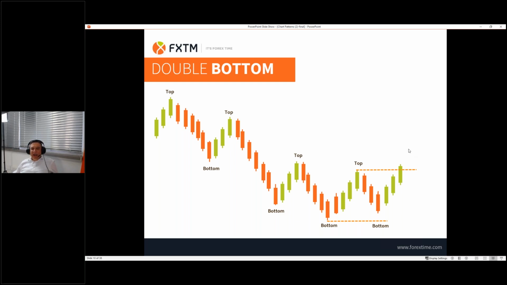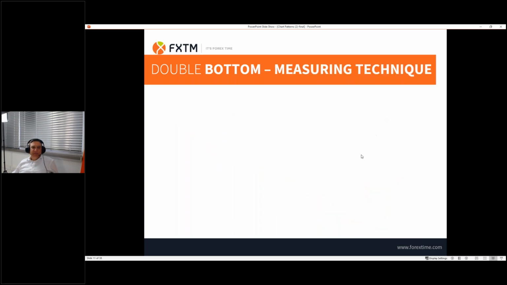Many traders will open a buy position here and they will place at this bottom here, the last bottom, a stop loss, just in case. Okay, excellent. We go on.